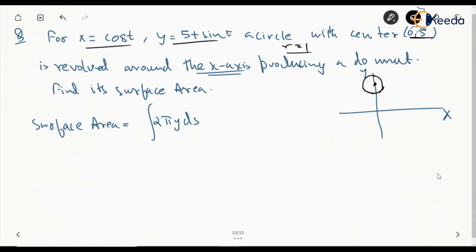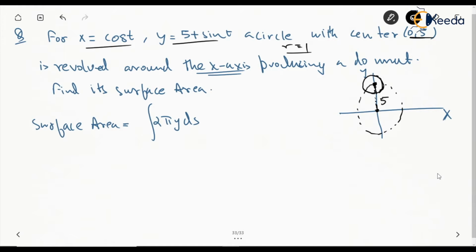Now they say it is revolved around the x-axis. That means if you just imagine you tie a thread with a knot at this point and another knot at this point, this is obviously going to be a length of 5, and let's say this is a ring. In that case this ring will be rotated about the x-axis.